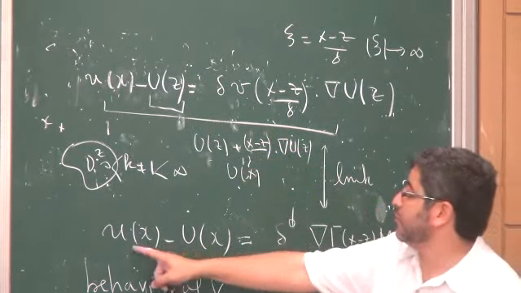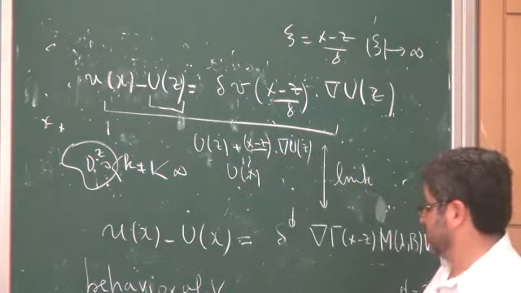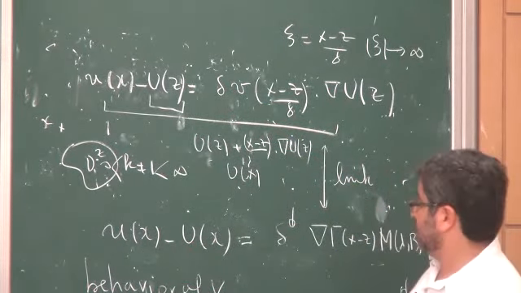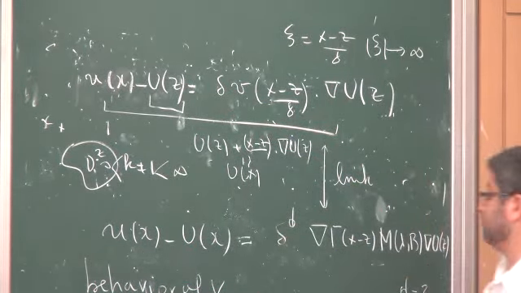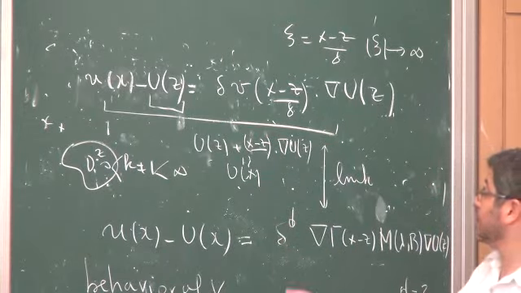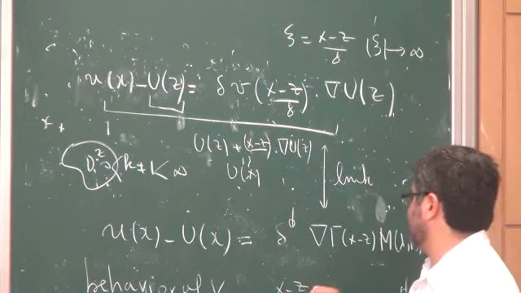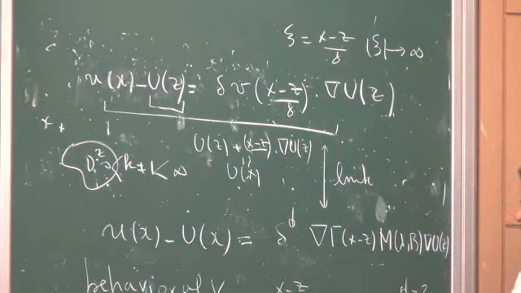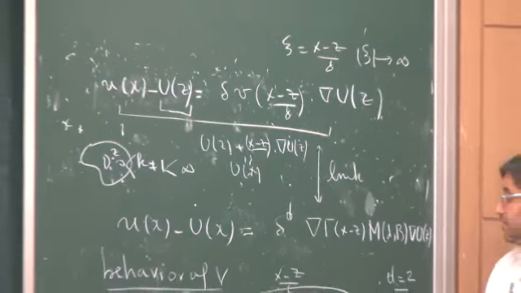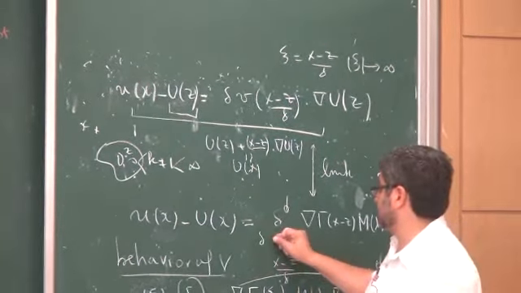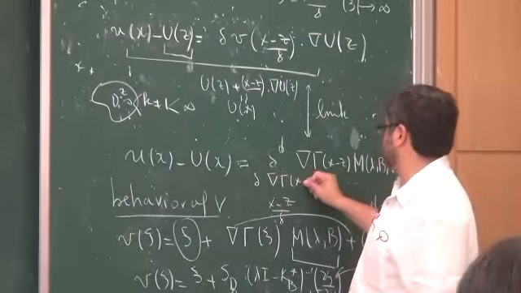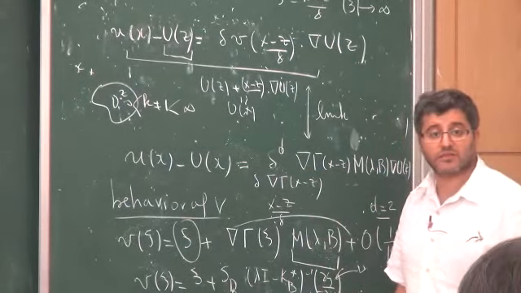So you end up with u minus U of x from this term equal to this one, where xi is x minus z over delta. Then the gradient of gamma at x minus z over delta is, in dimension 2, delta times the gradient of gamma at x minus z because of the scaling of the Green function.